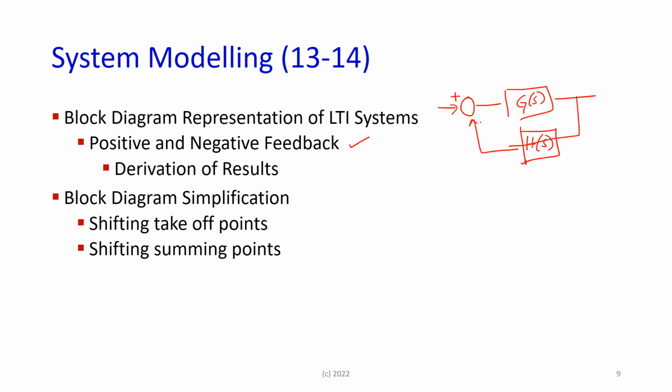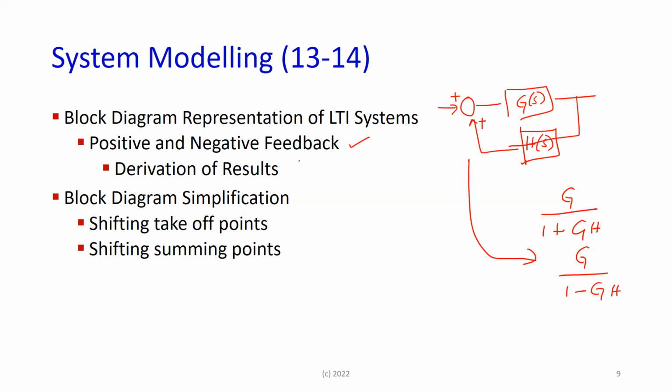If the feedback was negative, which is the kind of feedback that we want to control and settle a system, the transfer function was G over 1 plus GH. If the feedback was positive, which you want in some cases, but not generally, then you get G over 1 minus GH.